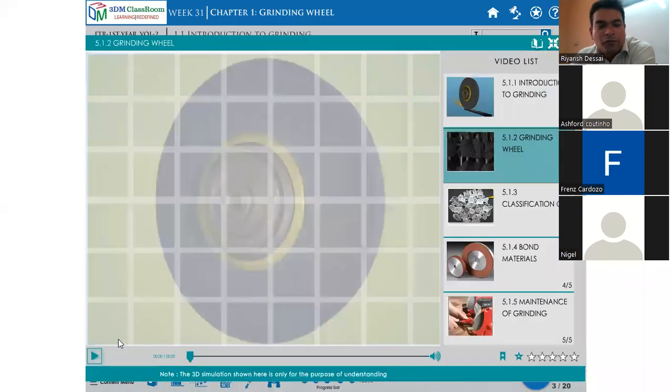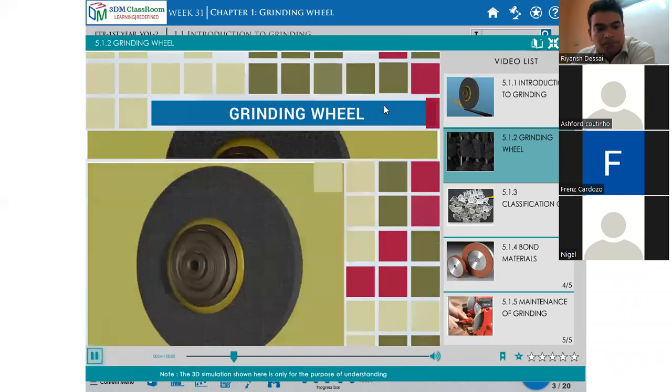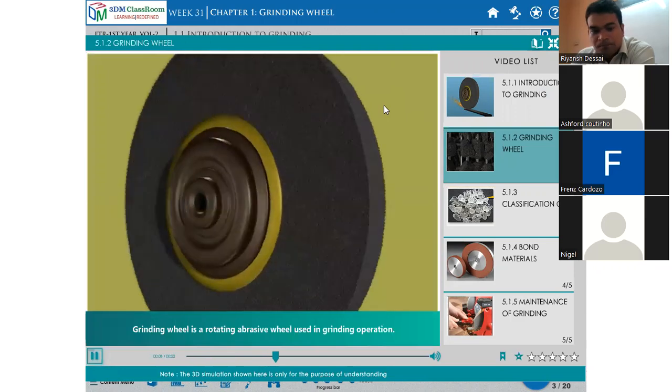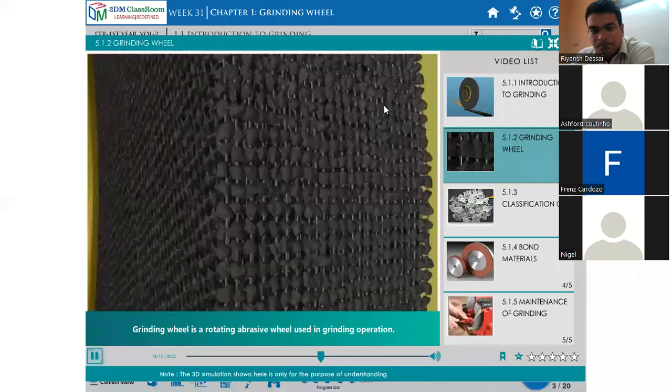This is another video you can see. Grinding wheel. A grinding wheel is a rotating abrasive wheel used in grinding operations.